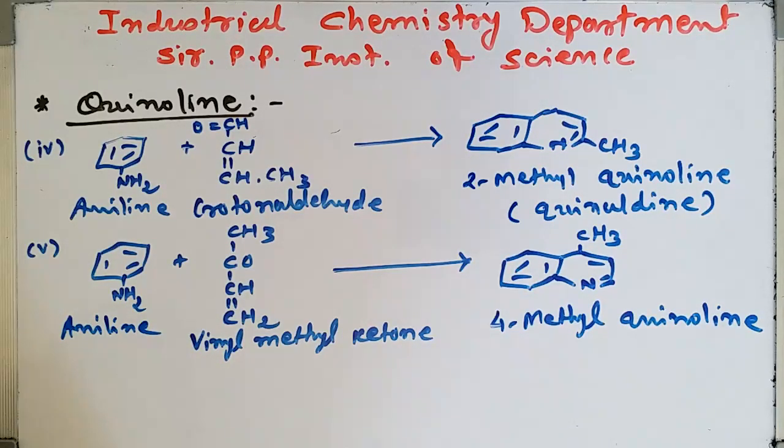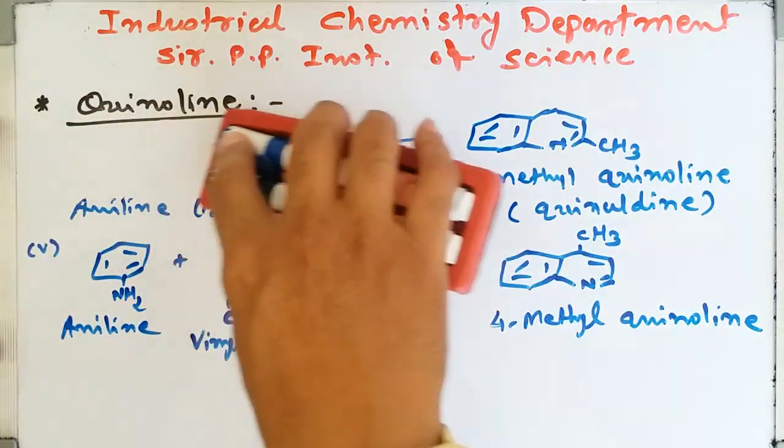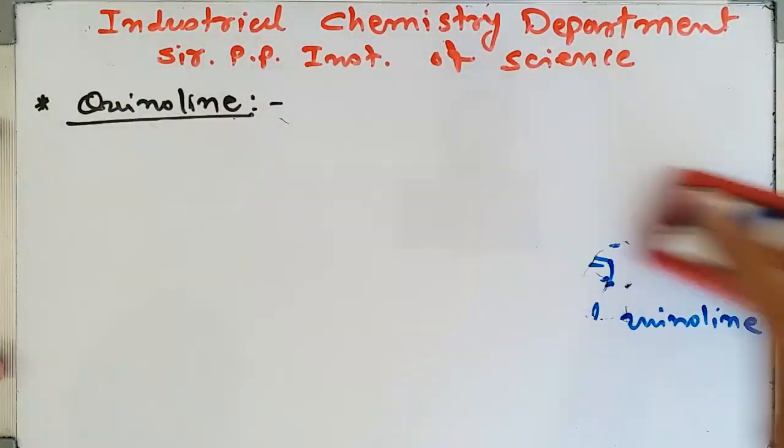Had this group been condensed to give a Schiff base and then cyclized to give quinolines, the position of the methyl group would have been reversed. For aldehyde it is a 2 substituted compound and for ketone it is a 4 substituted compound. We have one more important synthesis for quinoline, so we will see it.